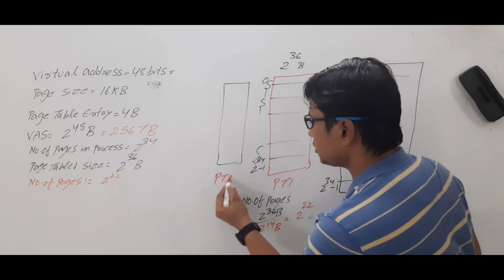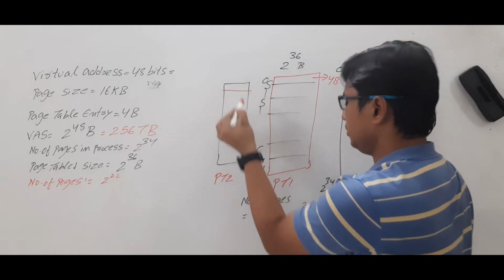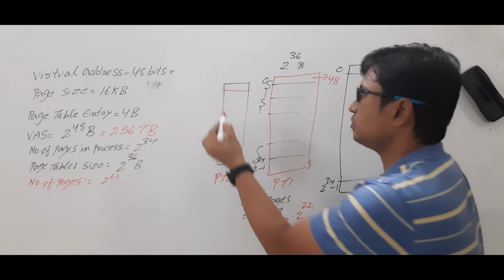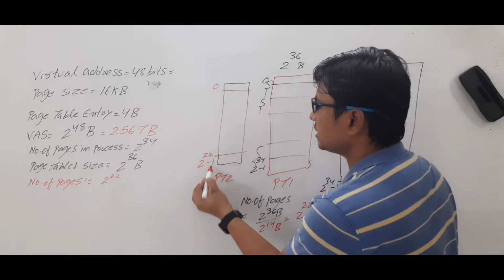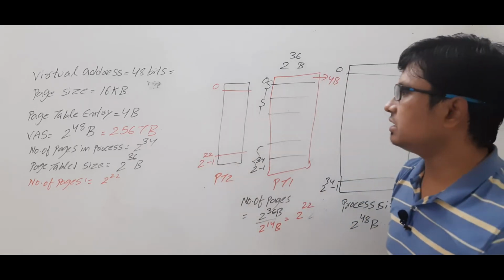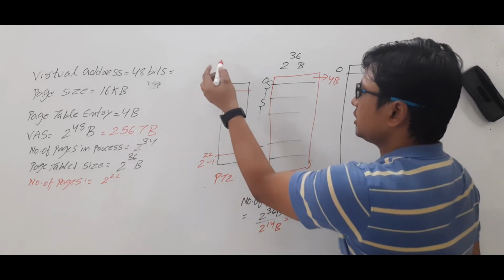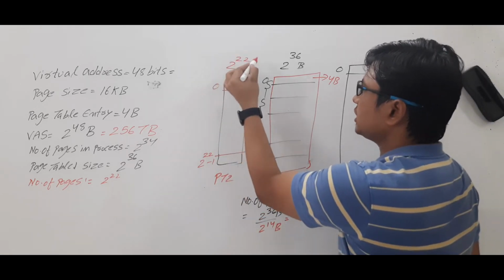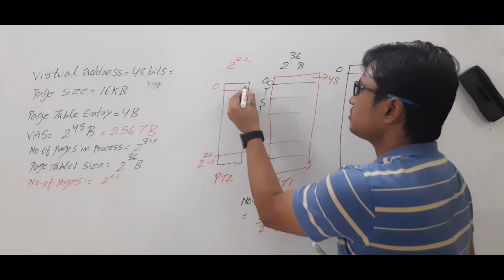So how many entries will page table 2 have? It will have 2 power 22 entries, from page 0 to 2 power 22 minus 1. Is it clear? So the number of entries in page table 2 is 2 power 22, and each entry size is 4 bytes.